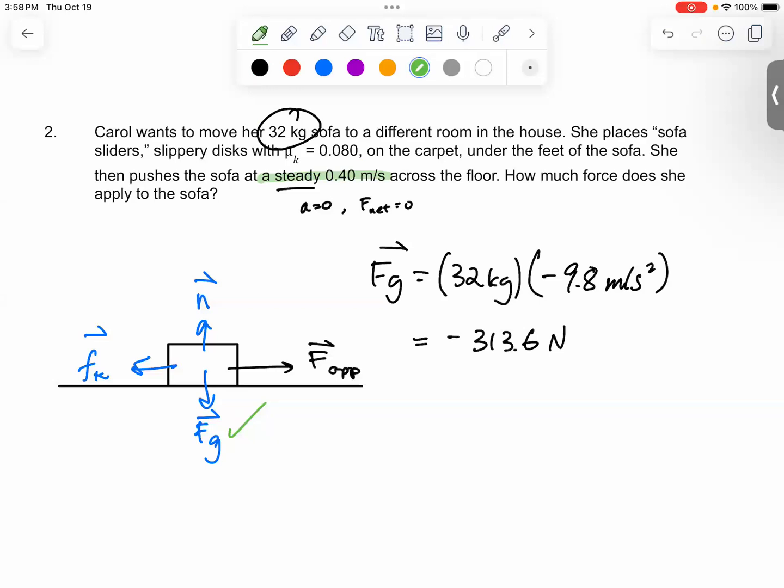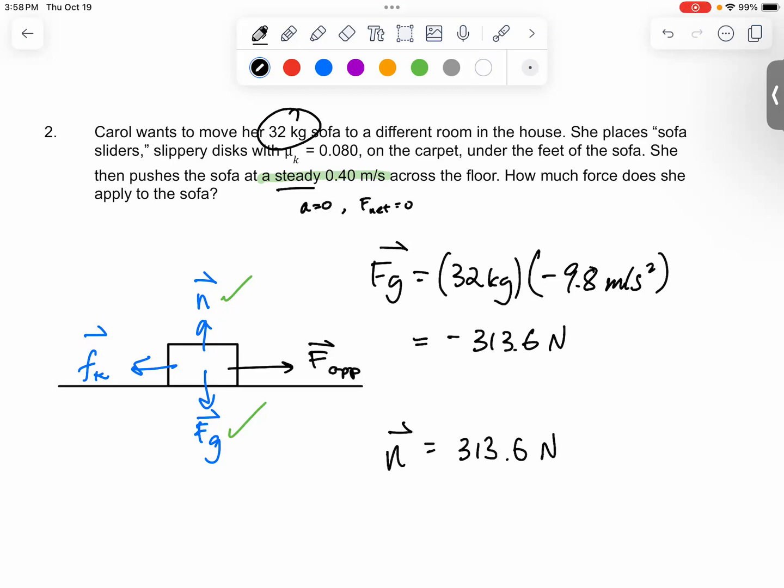Is there anything that's easy to find out? Normal force. We are just having the object on the floor, and the force applied is not vertical, so we can tell the normal force right away because it is simply positive 313.6 newtons. In this case, it will be the opposite of the force due to gravity, the weight of the object. So we know two things already.